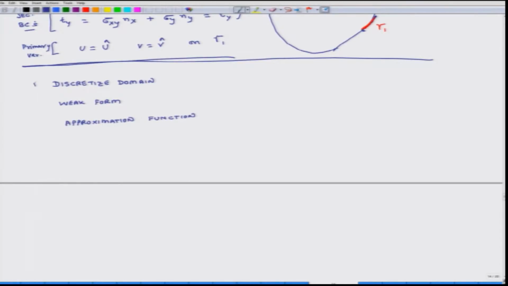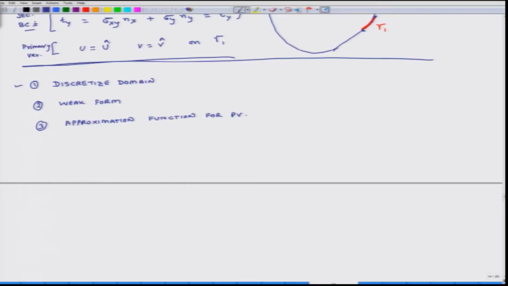In the first step, the domain has been broken into smaller parts. In the second step, we have put the weak form. In the third step, we approximate the functions for primary variables. In the first step, when we discretize the domain, we are approximating it.